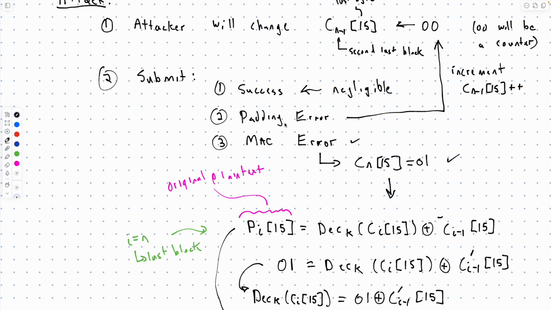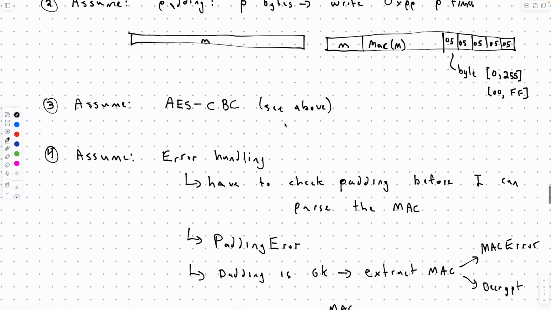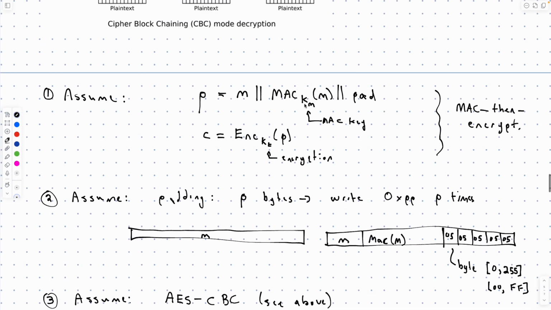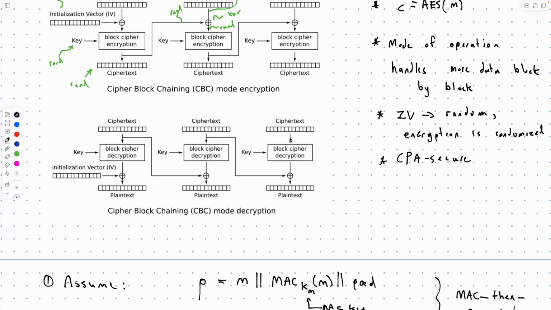And if the attack is implemented correctly, does it have a high success rate? Sure, it works. The only thing that stops you is you have to submit a lot of guesses to the server. So you're going to keep sending ciphertexts, and it's going to keep going error, error, error. There is a chance that its intrusion detection kicks in and says this traffic looks weird, someone's asking me to decrypt the same thing over and over.